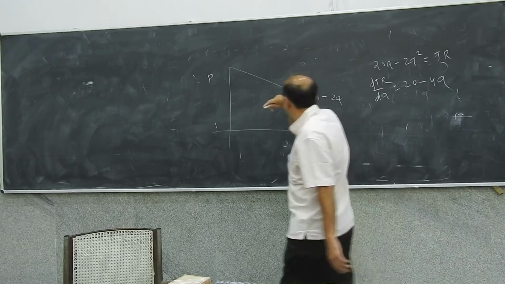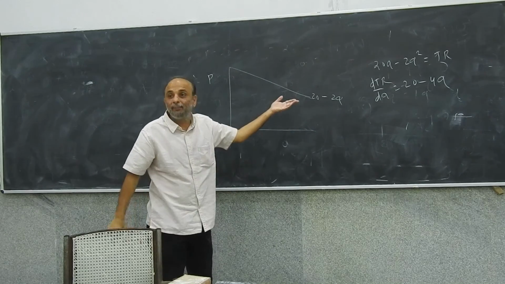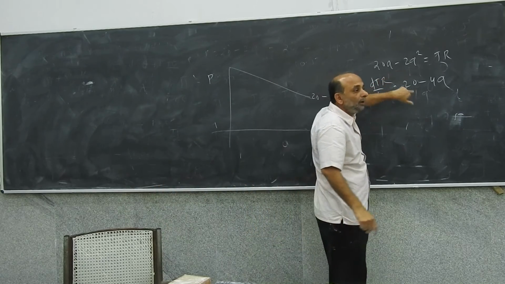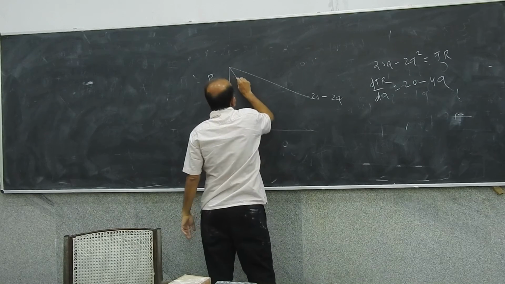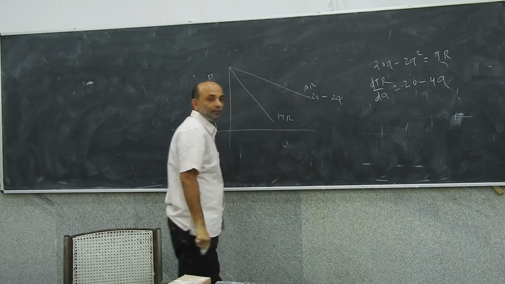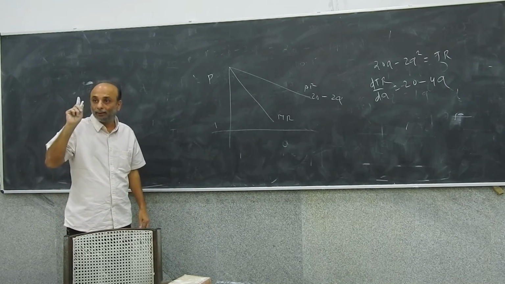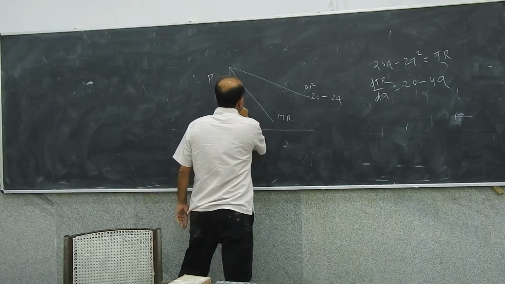So the marginal revenue curve starts from here and is twice as steep as the average revenue curve, because the slope of the demand curve is 2 and the slope of the marginal revenue curve is minus 4. This is the average revenue curve. Marginal cost is 1, so it will be a line like this.